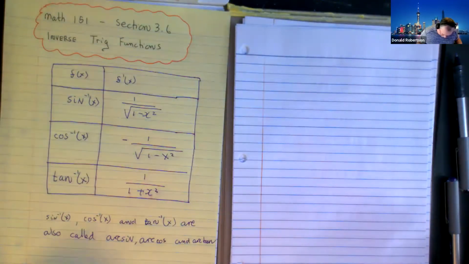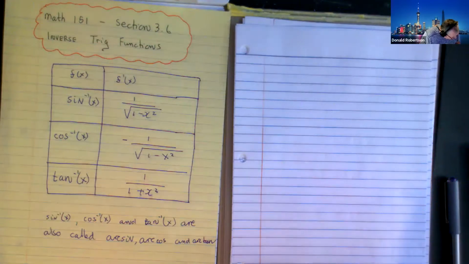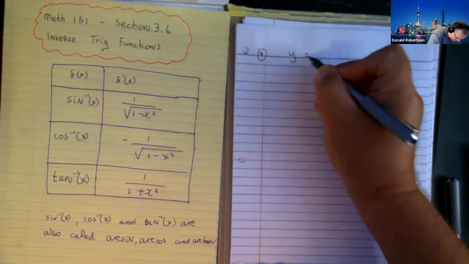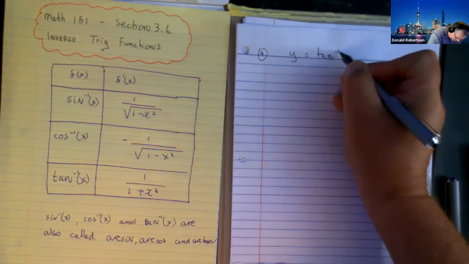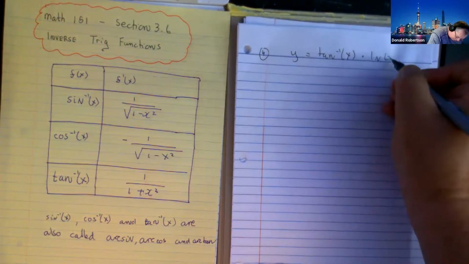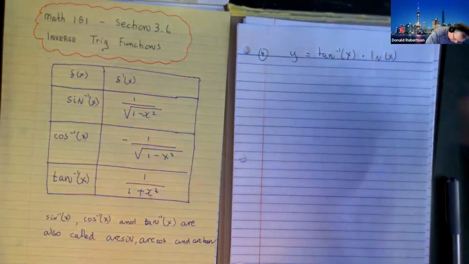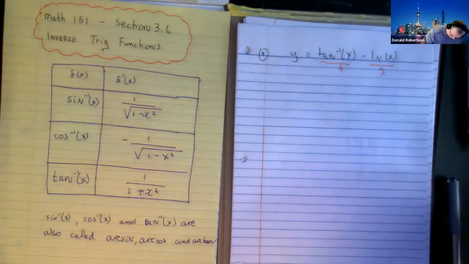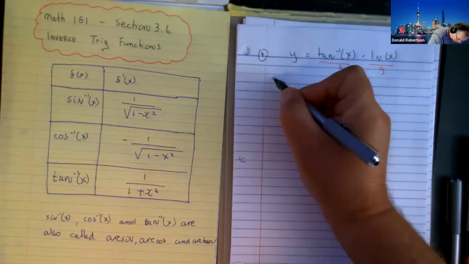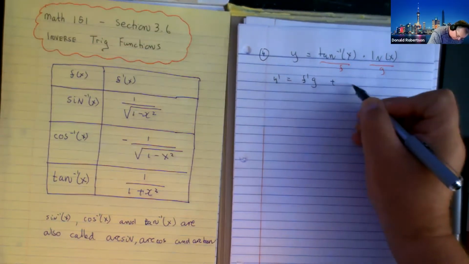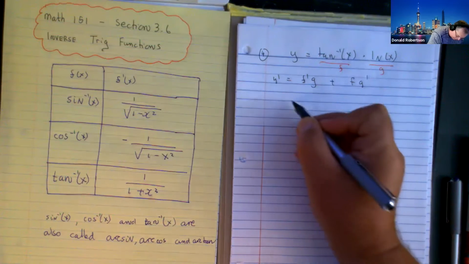Just applications of things that we already have done, just in a context that we might not have seen so much. So let's do a product rule. Well, I know that's going to be F, and I know that's going to be G. So if I want to differentiate it, it's going to be F dash G plus F of G dashed.